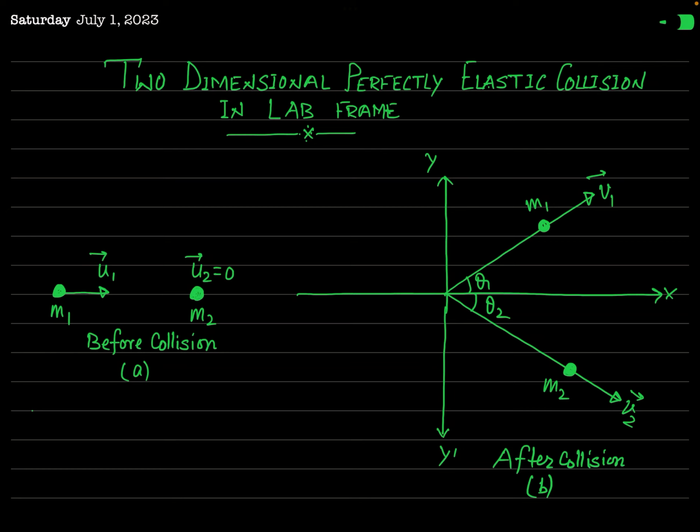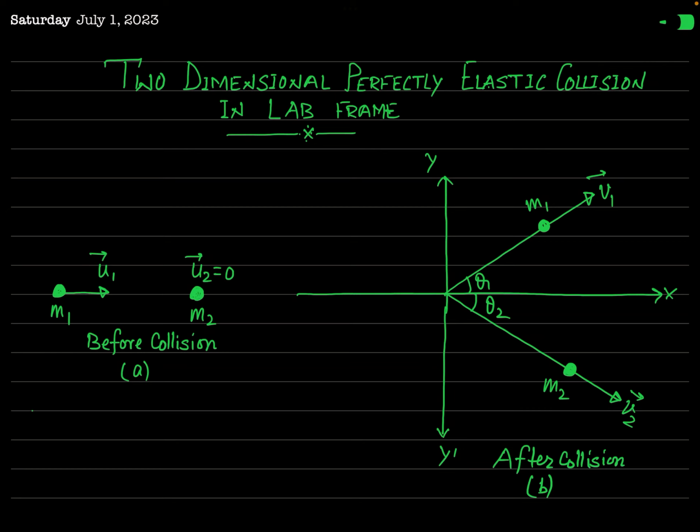This two-dimensional perfectly elastic collision is a very important problem of classical mechanics. In several places you find such a situation, like the Compton effect or Compton scattering, which you have definitely studied, where a two-dimensional collision takes place between a photon and a free electron.